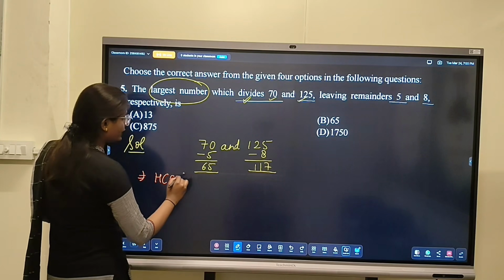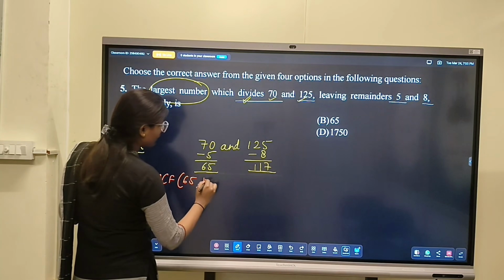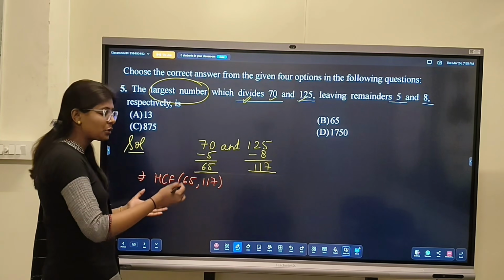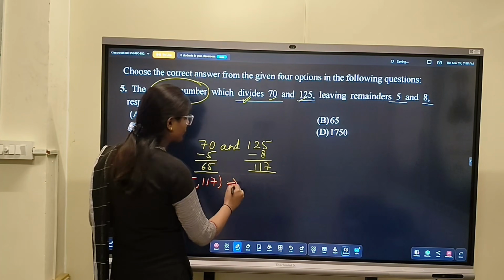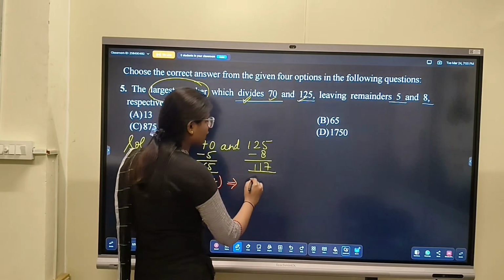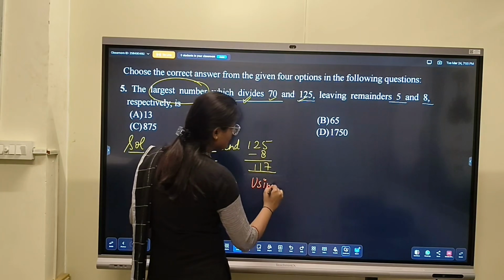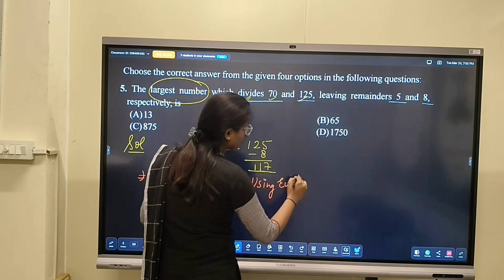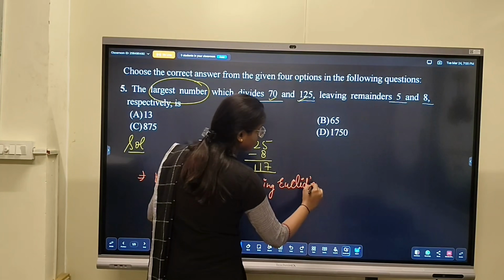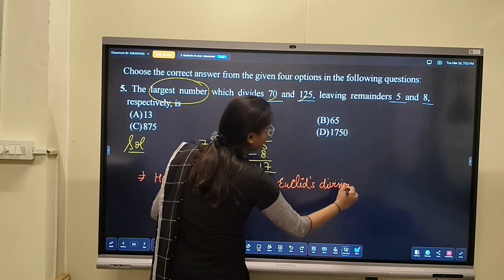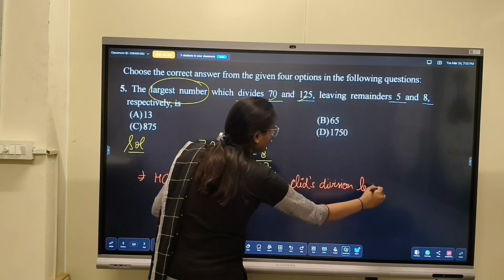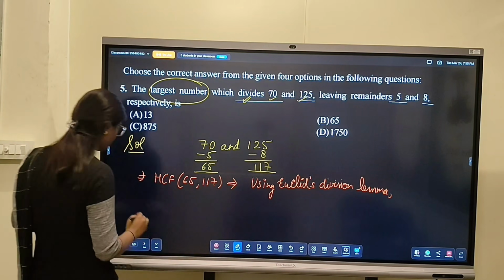of 65 and 117. However, we have done the same thing in question number 4. So I'll just simply move with the process using Euclid's division lemma. Right? How do we do it? Let's write the equation.